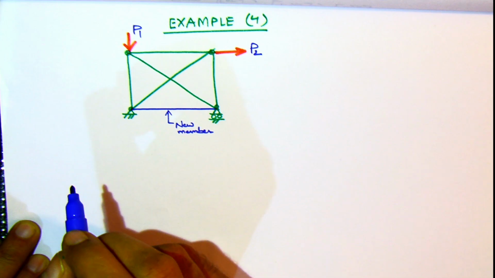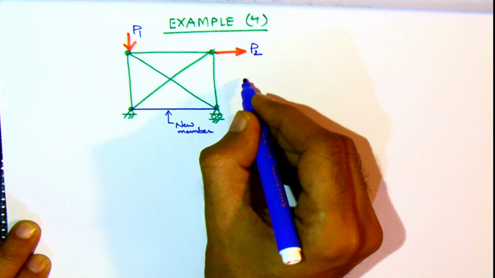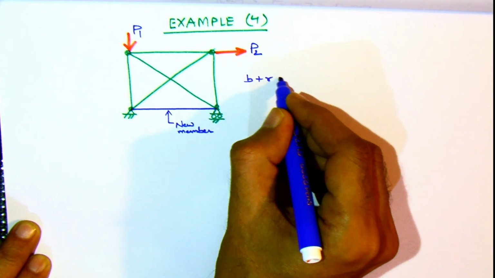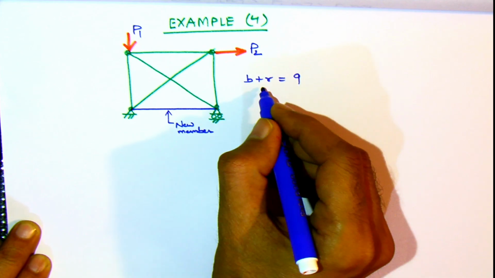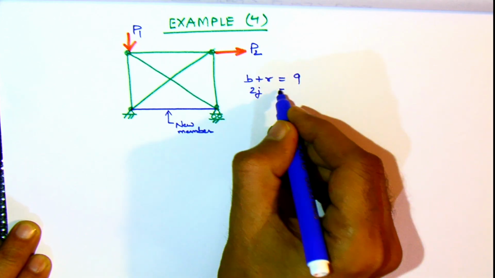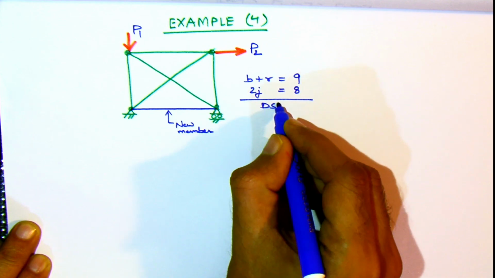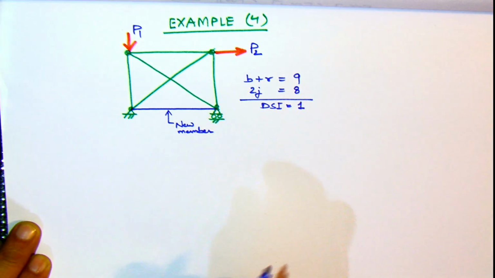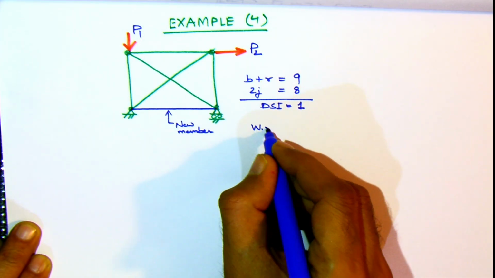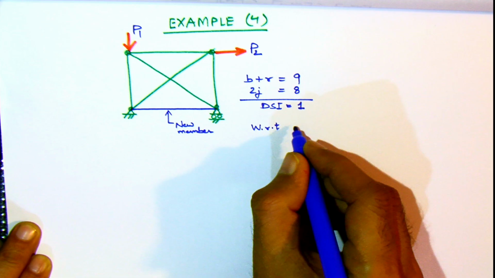Now if we check the indeterminacy of the structure, we find that the degree of static indeterminacy is now 1 because of the new member. It should be noted that this is indeterminacy with respect to the internal forces.